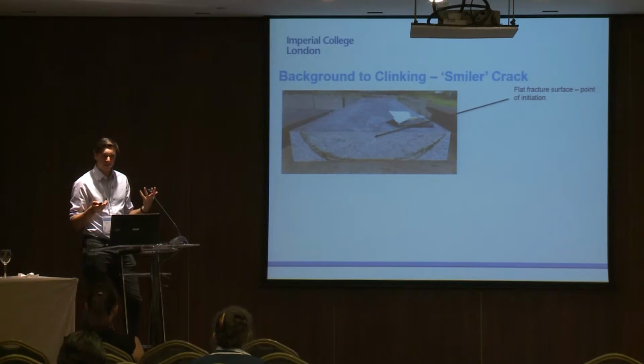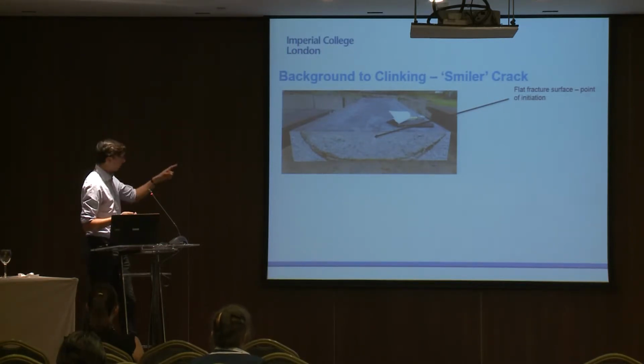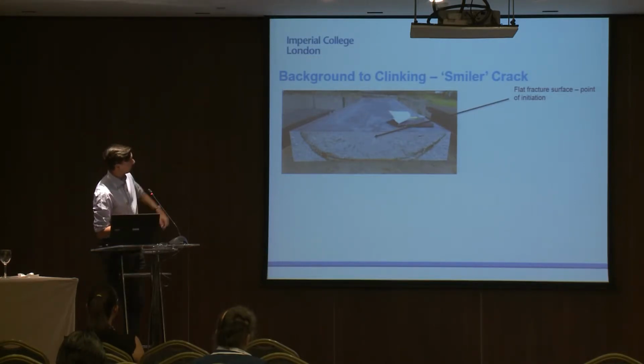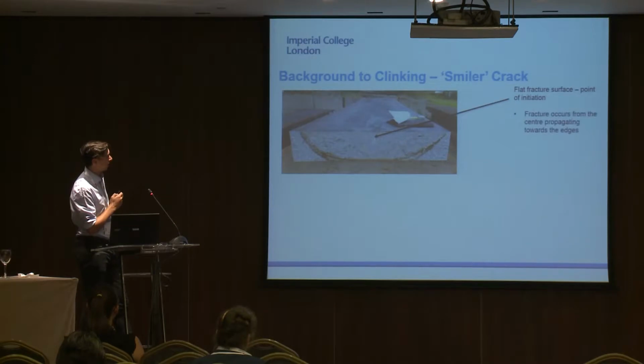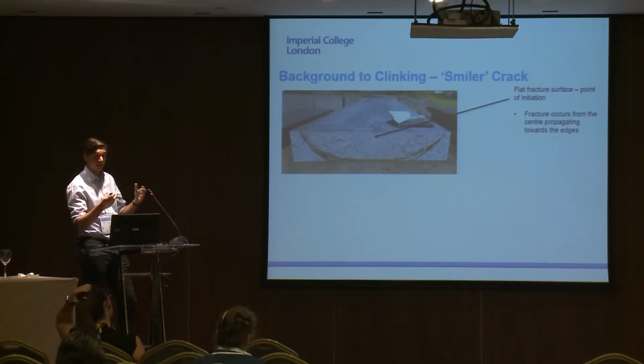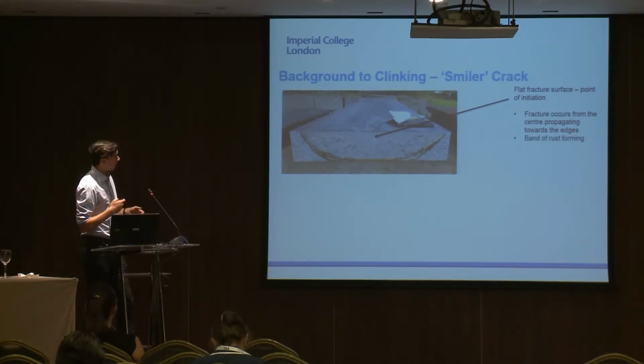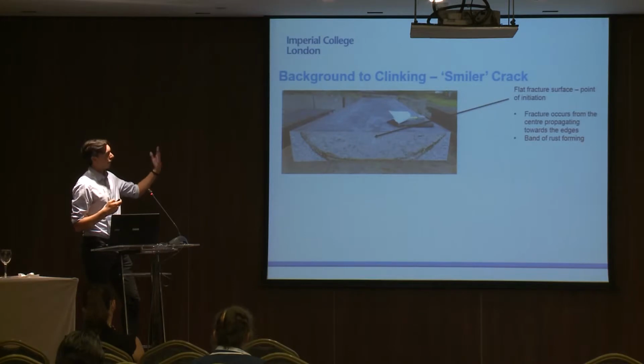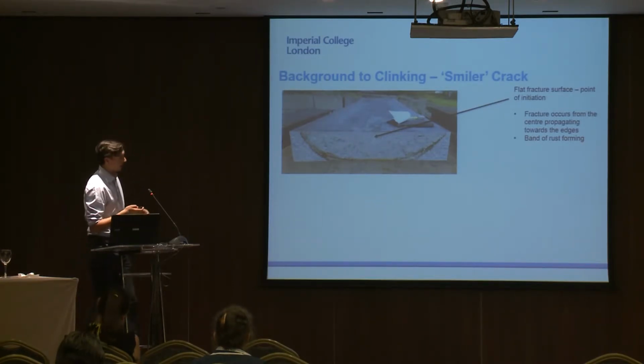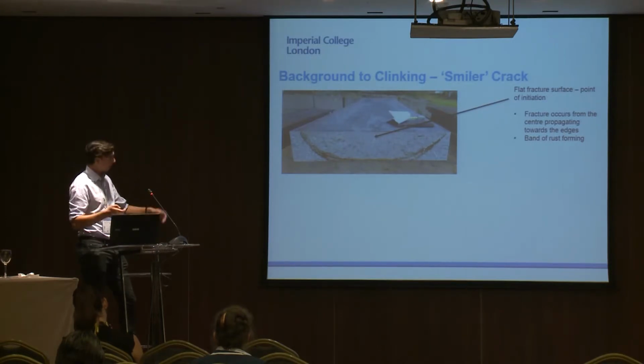Again, we can't be 100% sure about this because this is mostly based on conversations you have, but this is the one picture that we have where we really think this is it, because you've got quite a flat fracture point there. So just slightly subsurface. From all the images that we've seen, it tends to occur in the center and then propagates outwards. This crack is called the smiler crack because it looks very smiley, and that is what we think is a band of rust forming where the crack's propagated and then rusted on the bottom surfaces.